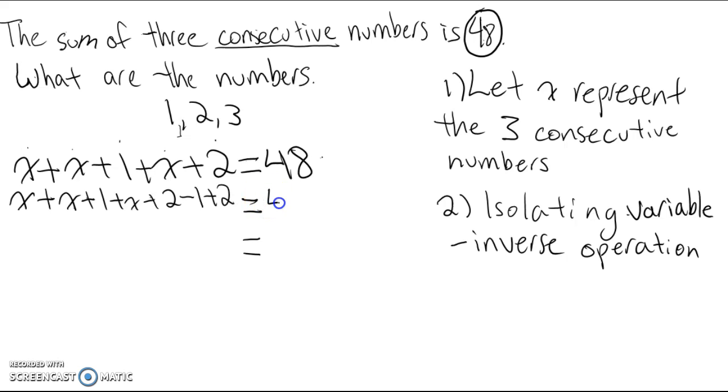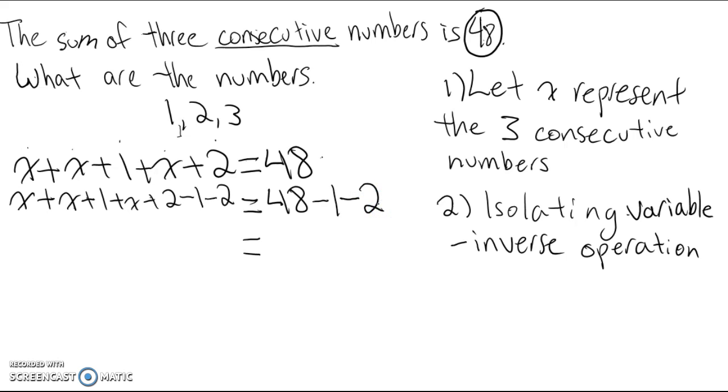Now, whatever we have to do to one side, we have to do to the other. So, we're going to subtract 1 and 2 from the 48 as well. Okay, let's clean this up a bit.